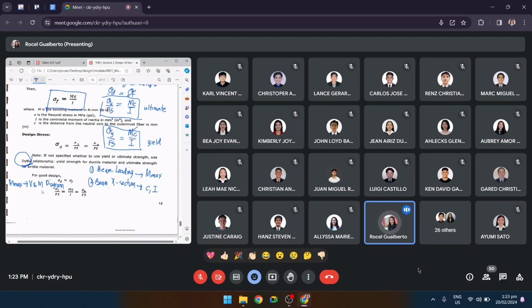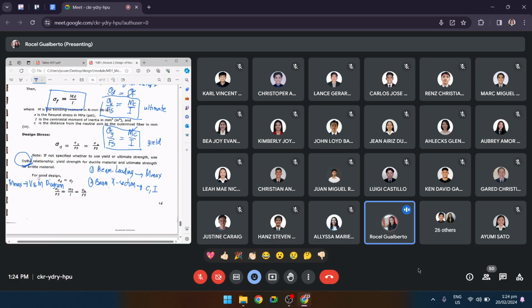Through this graphical representation, you can determine where is the failure, and we will be using that failure now to design the member. Nakabase po doon sa failure na yon yung atin na magiging dimensions.